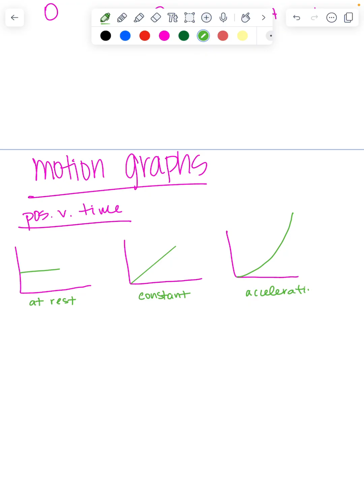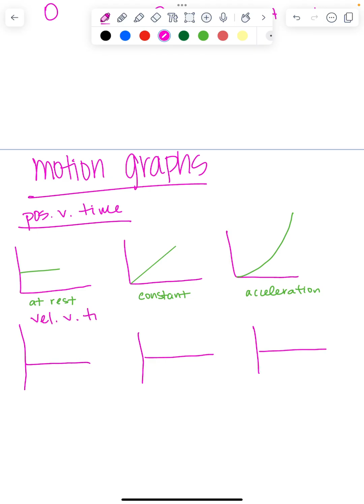This is a form of acceleration. So if we were to turn these into velocity versus time graphs, we would draw those T's. All of these are velocity versus time.